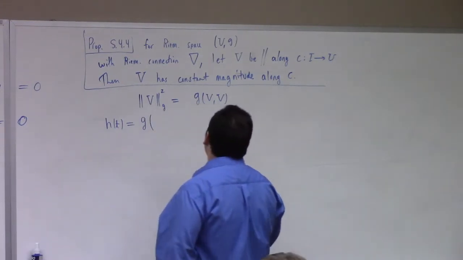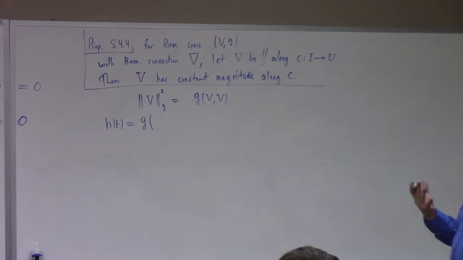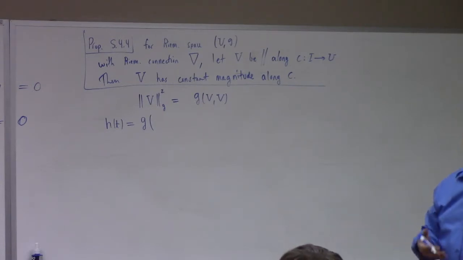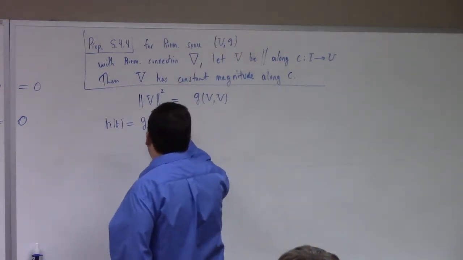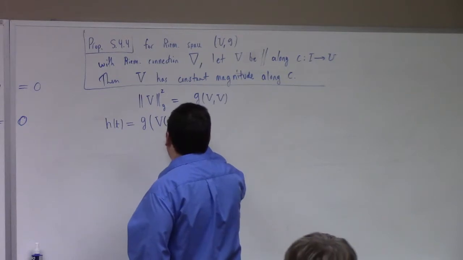It helps me to think of V as being a vector field which is defined beyond the curve. I don't know, for me it makes more sense if I can think of it that way. See, because then we're looking at G, V of C of this, right?